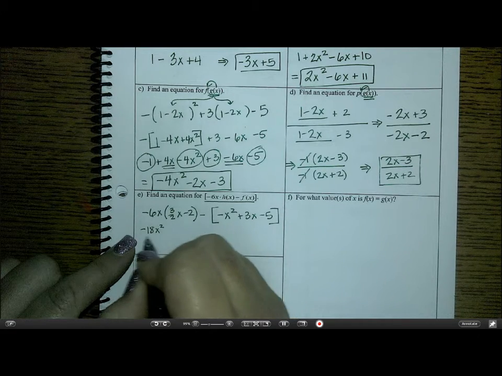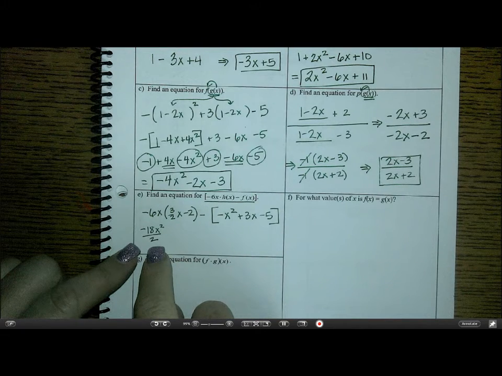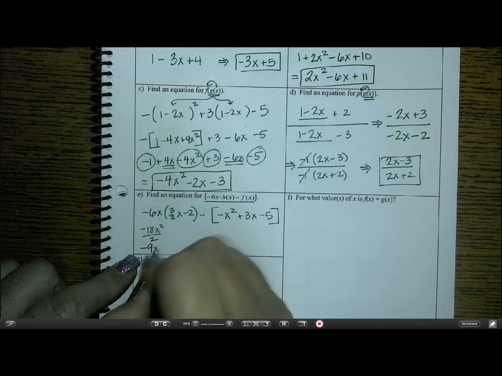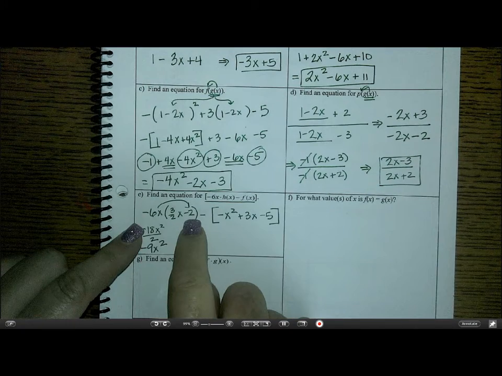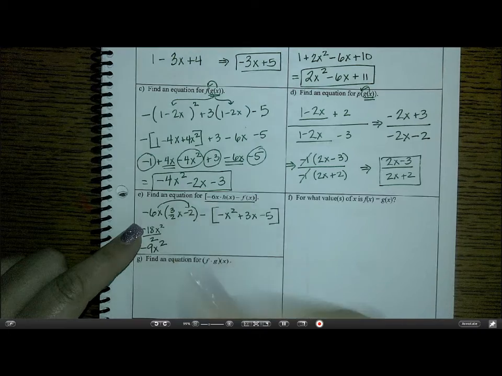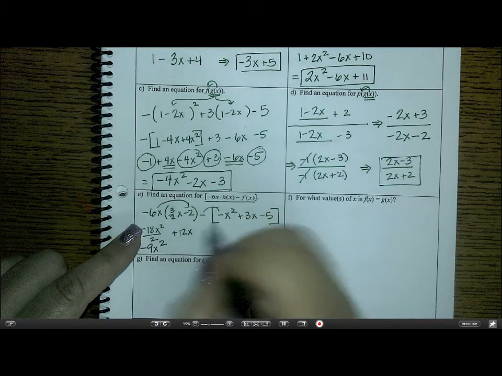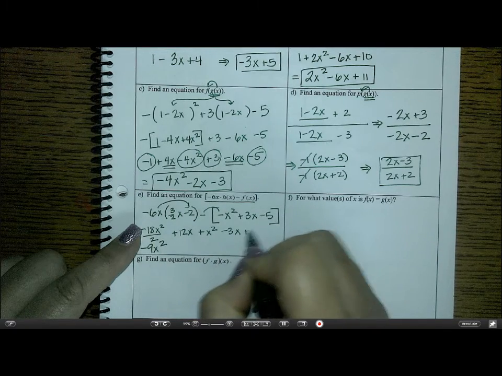-18x squared over 2, which simplifies to -9x squared. So I've got -9x squared. I'm going to distribute -6x minus 2 is positive 12x. Then I'm going to distribute this plus x squared minus 3x plus 5.